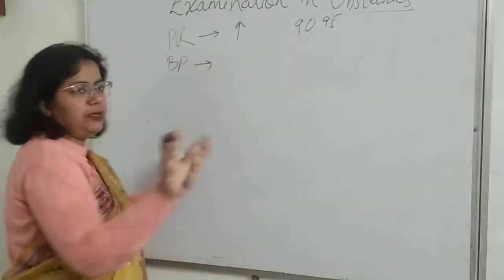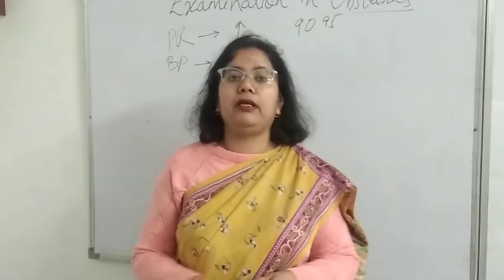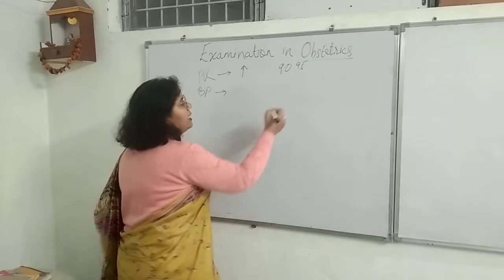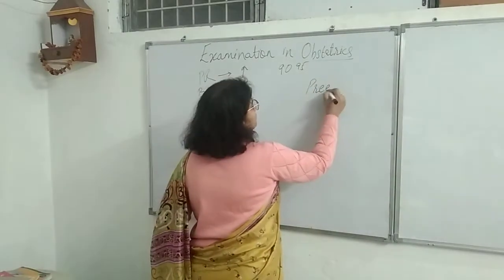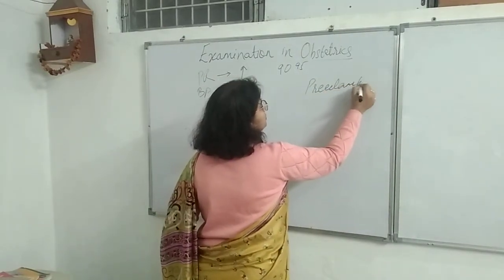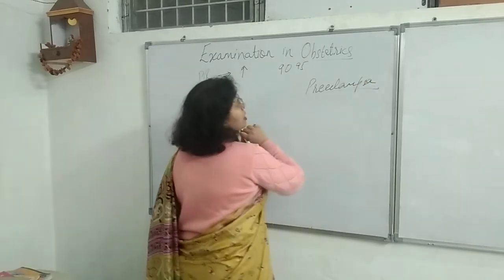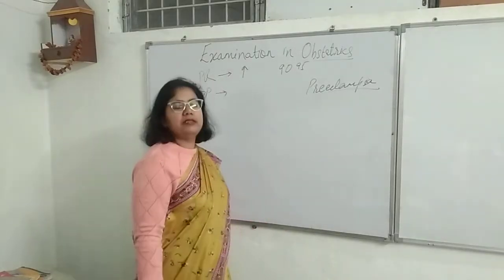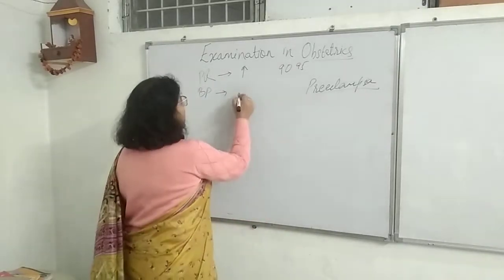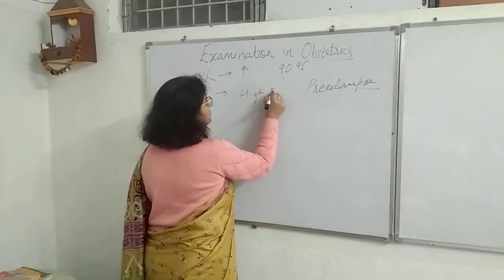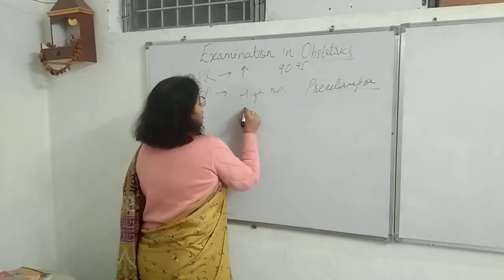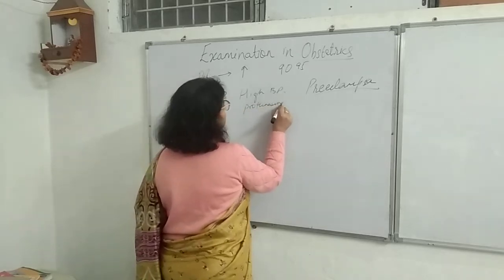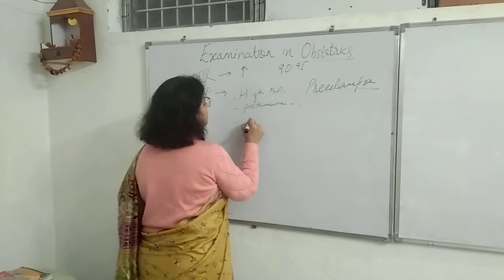How will you be taking the BP? Blood pressure is very important in any obstetric history and obstetric examination, because preeclampsia is a very important complication of pregnancy, which is diagnosed with high BP, proteinuria and edema.